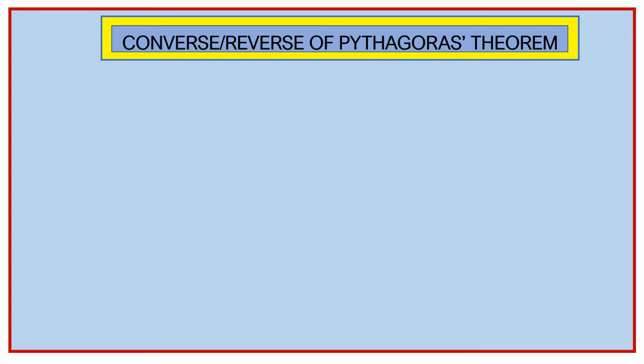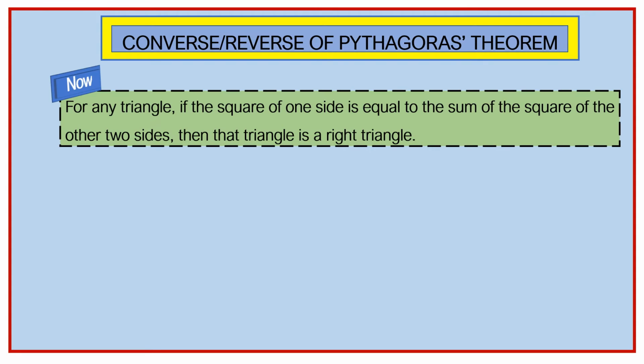The reverse of Pythagoras' theorem is the same as the opposite of Pythagoras' theorem. For any triangle, if the square of one side is equal to the sum of the squares of the other two sides, then that triangle is a right triangle.